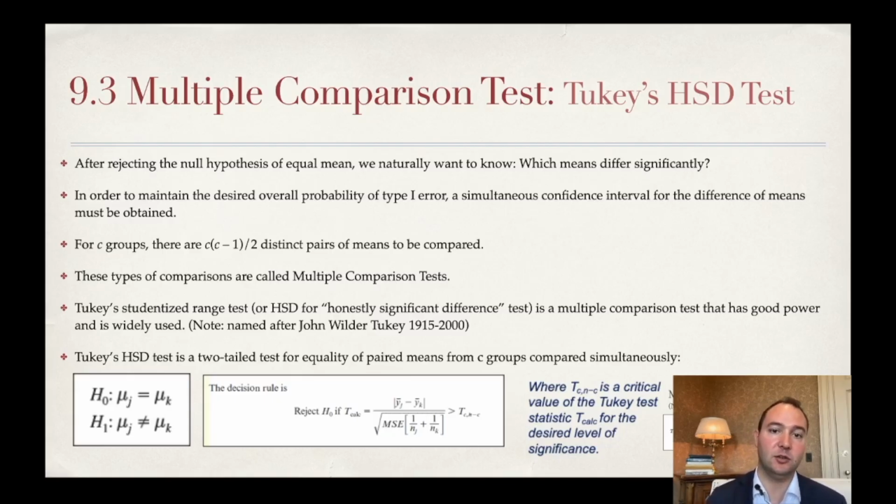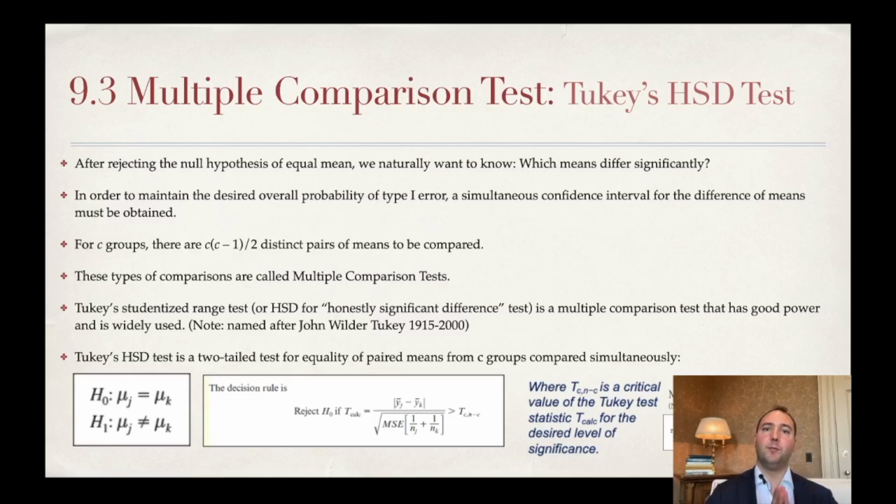The reason we can't do that is because doing multiple different tests results in an increase of type 1 error. We're not controlling for type 1 error. Instead, we should do a Tukey's HSD test, which controls for that type 1 error while doing multiple calculations at once. For C groups, so C is the number of groups, there are C times C minus 1 divided by two distinct pairs.